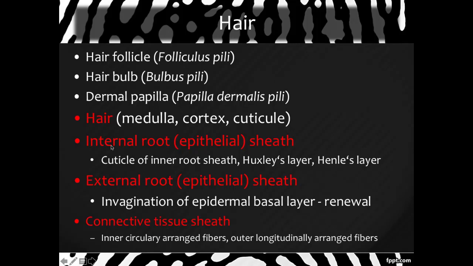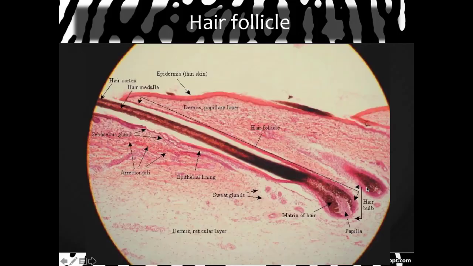Then there are layers of the hair follicle: the internal root sheath, consisting of cuticle, Huxley's and Henle's layers. Then the external root sheath, which is represented by invagination of the epidermal basal layer, and it has stem cells for renewal of the hair, and the outermost connective tissue sheath, which has inner circularly oriented fibers and outer longitudinally oriented fibers.